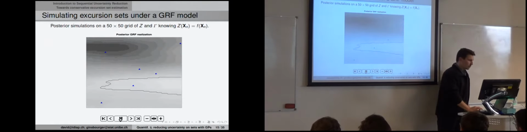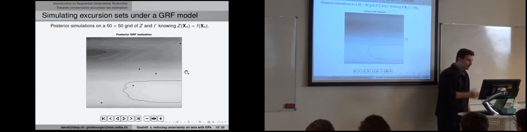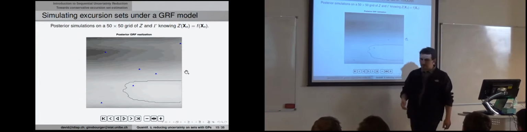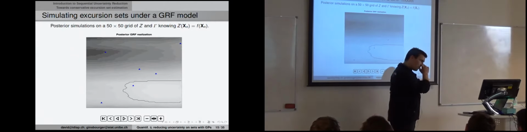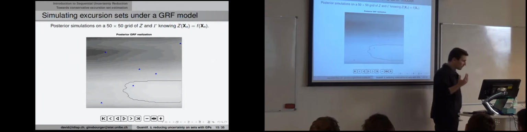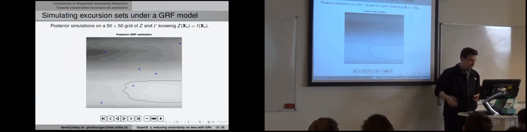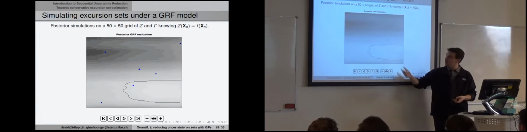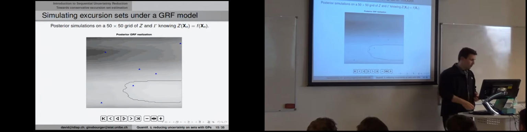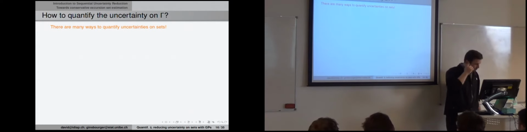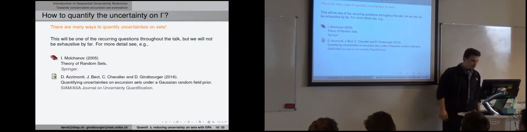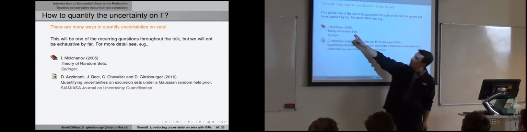So we are not, of course, at the beginning of this story of quantifying uncertainties on sets and estimating them, but we are trying to make connections and basically to have the ideas from the theory of random sets being applied, valorized, and investigated in the framework of GPs and computer experiments. So first, some references. So the theory of random sets.